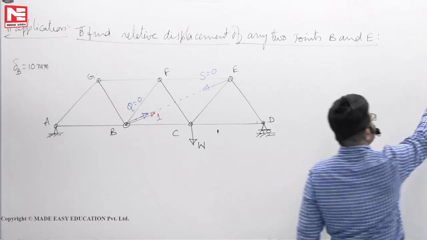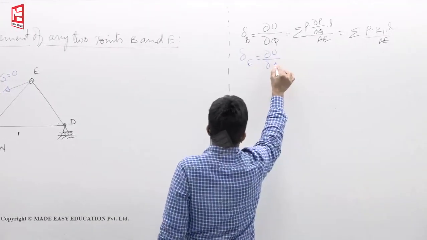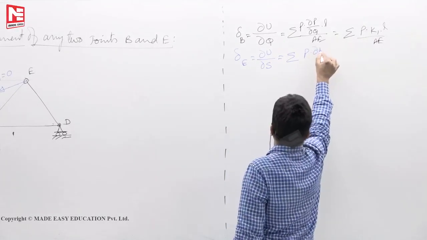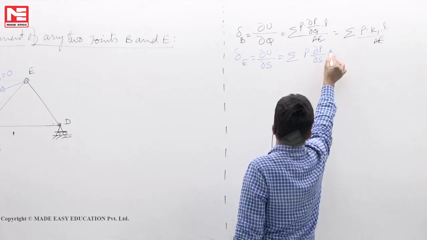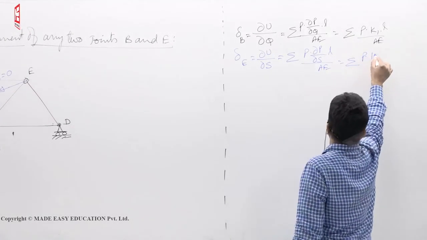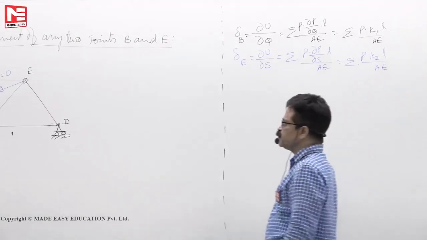So now delta E means the first derivative of energy with respect to S. So summation of P into dou P by dou S into L by AE. This you will get as summation of P into K2 into L by AE. Some values we got, say.